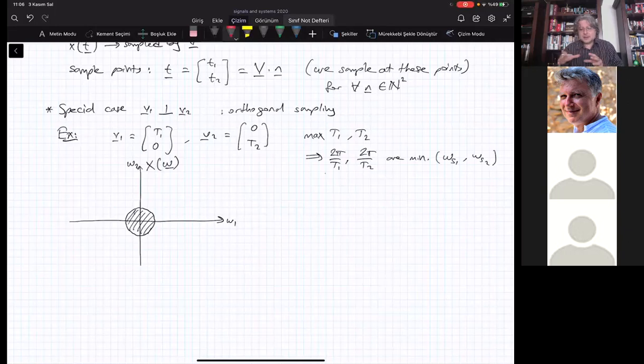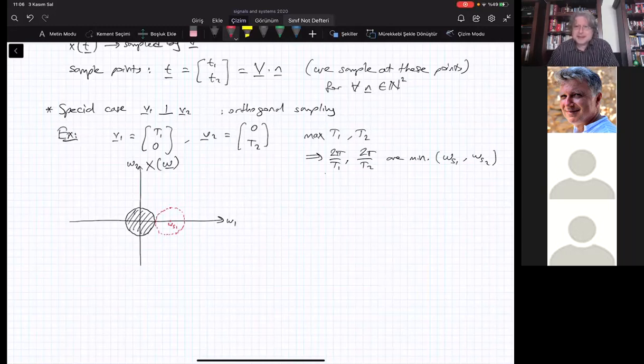I think you will understand when I draw it that the minimal choice of omega S1 is somewhere here, so that when I make a replica, where do these replicas come from? They come from convolution with impulses, because again, we are multiplying with an impulse train, and the impulse train in the time domain is not a train, but it's like a bed of nails.